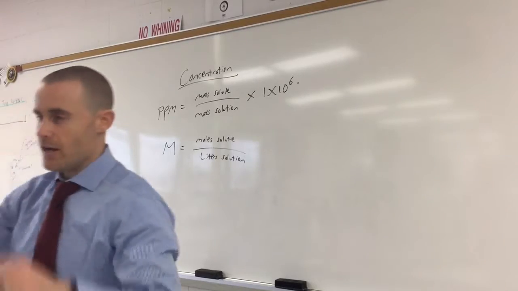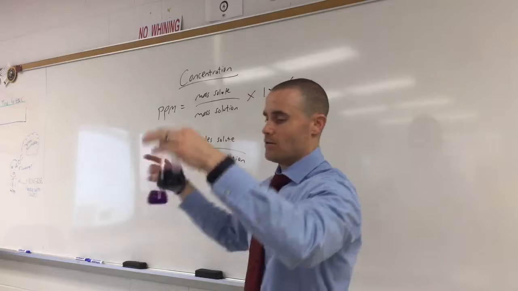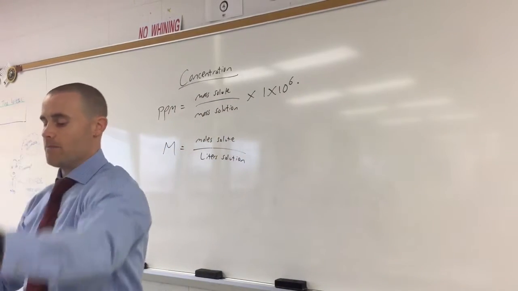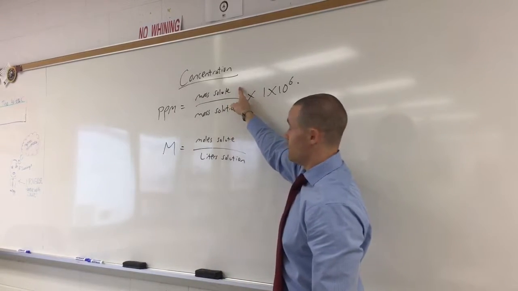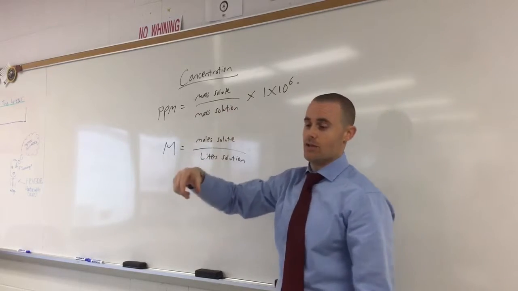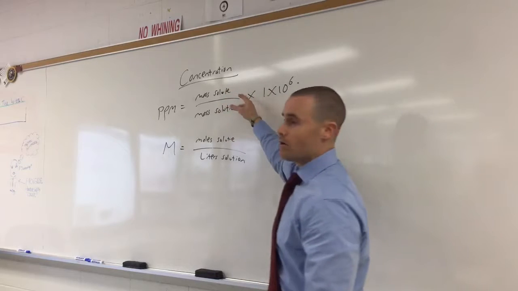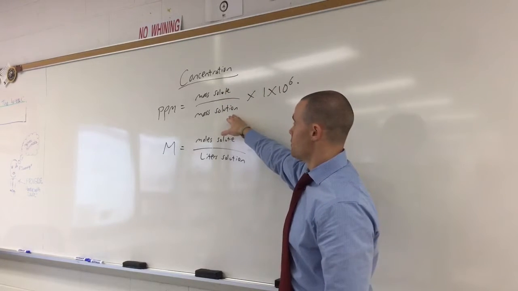I put these together real quick so you had a little visual of what we're talking about. So the darker a solution is, the more concentrated. That means there's more solute dissolved in either the same amount of solution or less solution. I tried to put about the same. But if you have more solute in a little bit of solution, then it's going to be really dark.